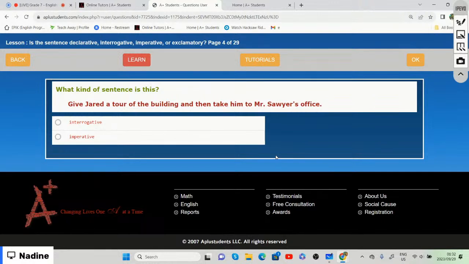In this case, it ends with a full stop, which means that it is an imperative sentence.